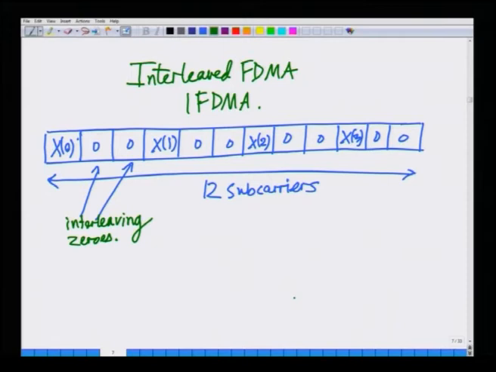So, one way to load these 4 FFT symbols onto the 12 subcarriers is to interleave them with zeros. I have namely 1 symbol, 2 zeros, 1 symbol, 2 zeros, and so on, and now perform the N point IFFT. This is known as interleaved FDMA.